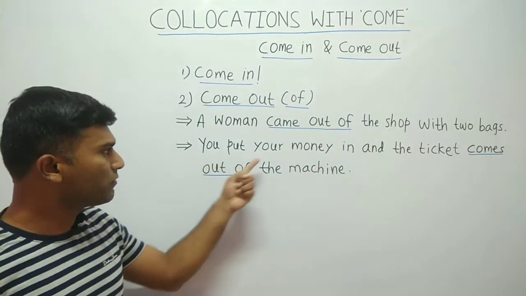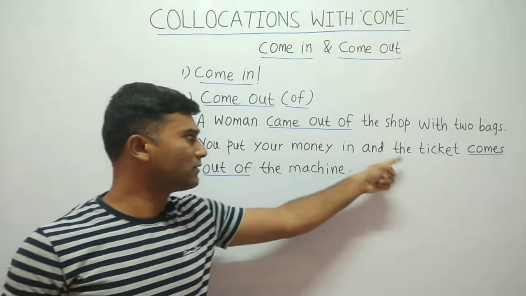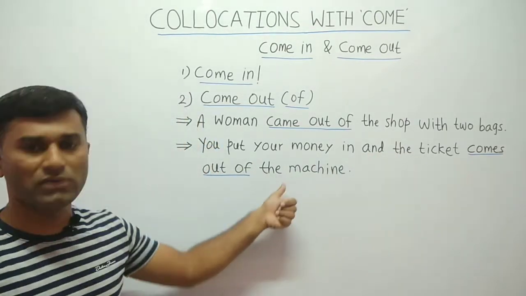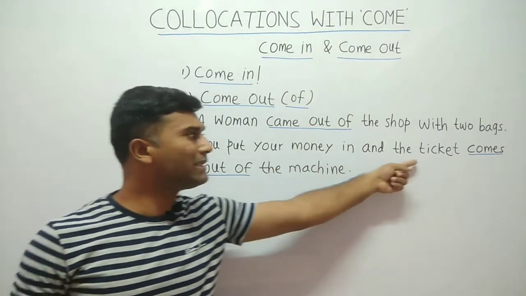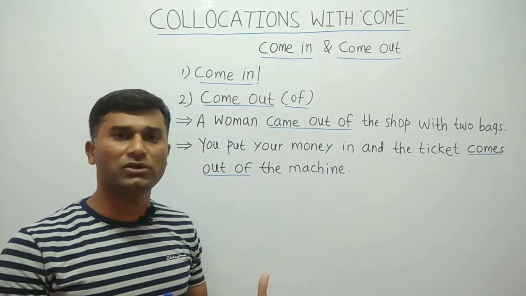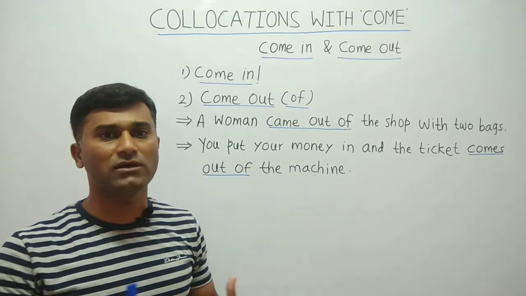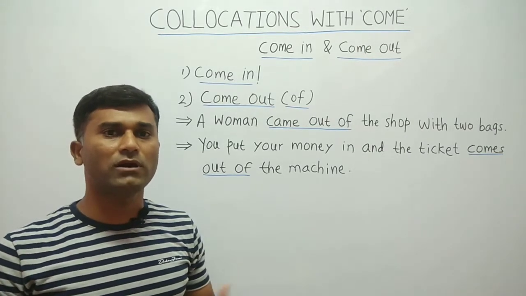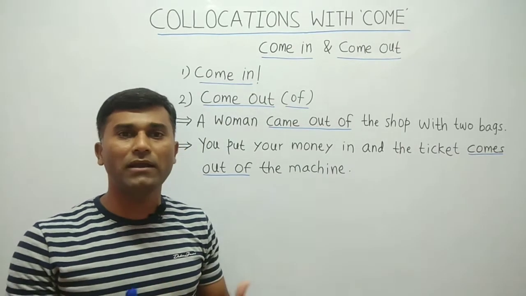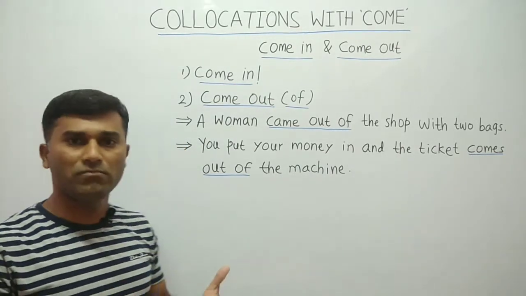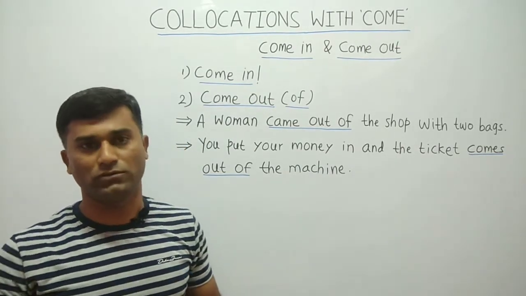Or you put your money in and the ticket comes out of the machine. So that ticket comes out of the machine. Or you put your ATM or debit card in and the money comes out of the machine. So that is come out.